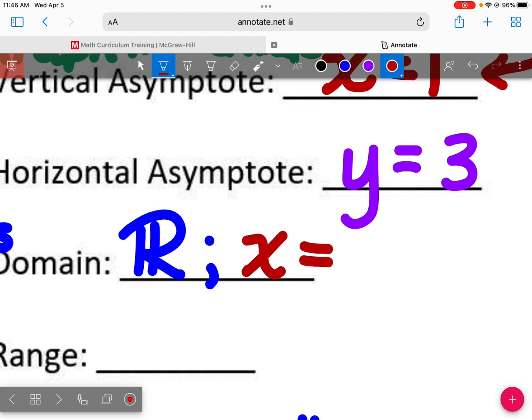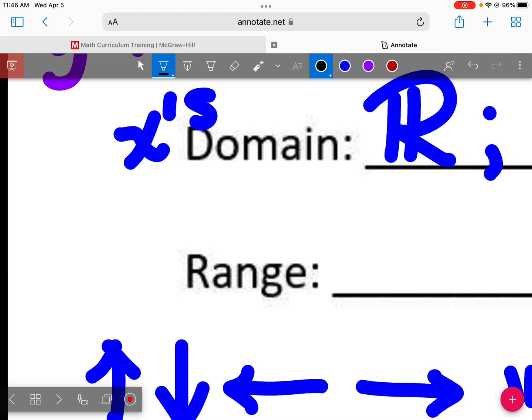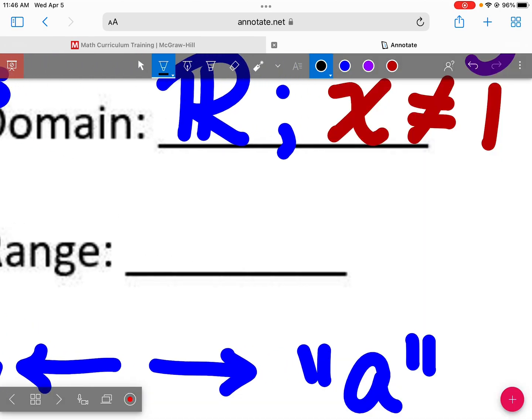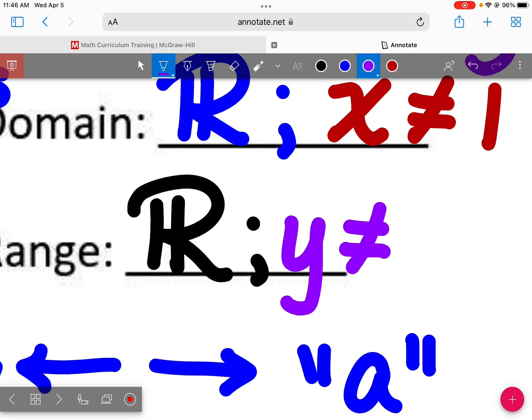So x cannot be equal to 1. Range is talking about the y's. What are the y's allowed to be? All real numbers, except y cannot be equal to 3 because that's where that asymptote is.